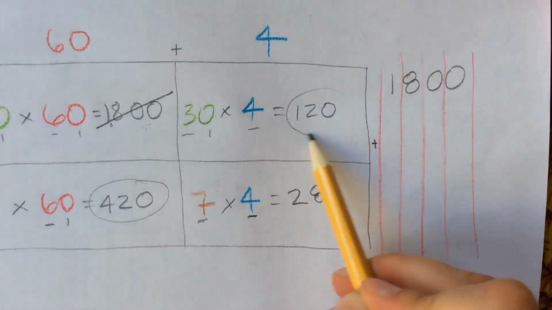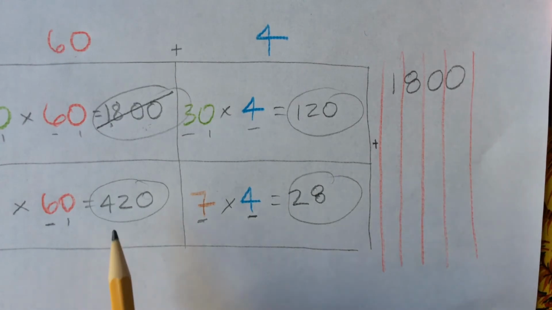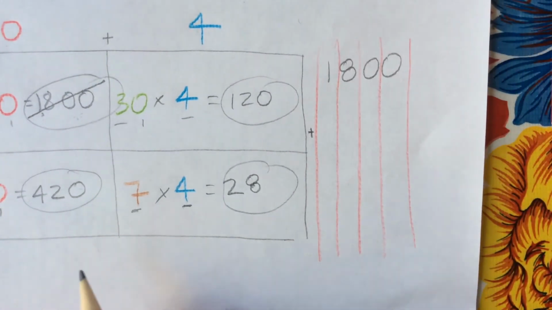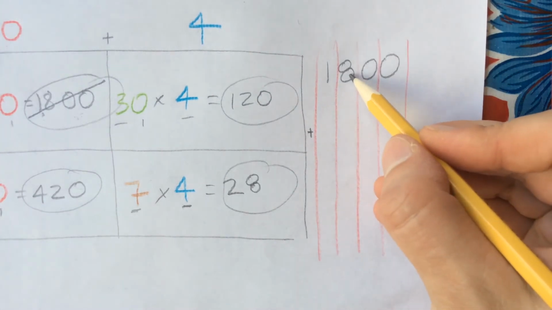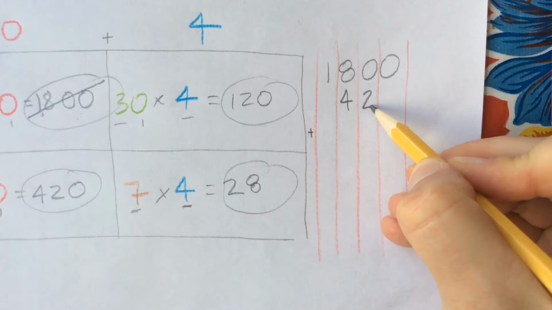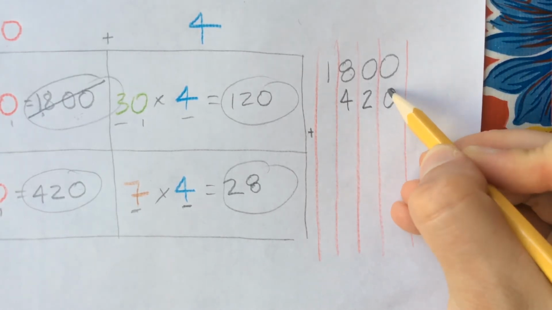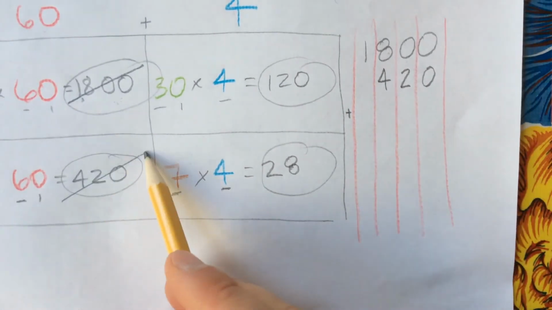I have 3 more partial products to put in. So I look for my next largest number, which is 420. And I'm very careful. I look for the 800 when I put my 400 there. My 20 goes into the tens place, the 2 and the 0. And I cross it off since I wrote it in.